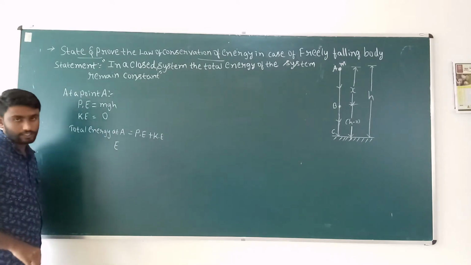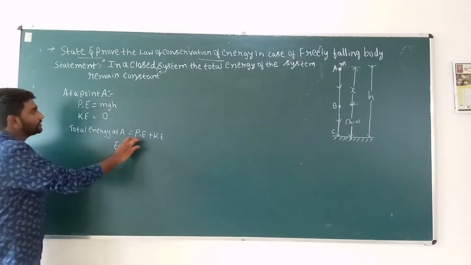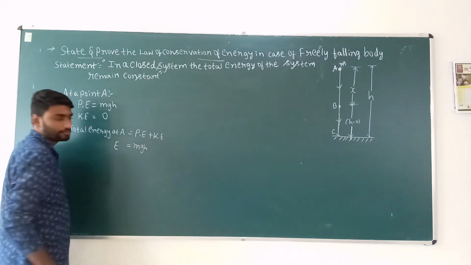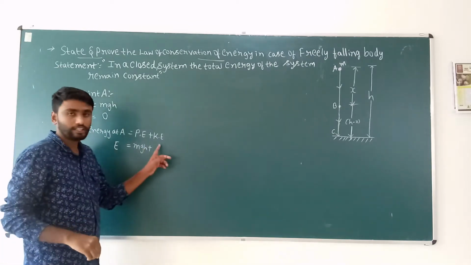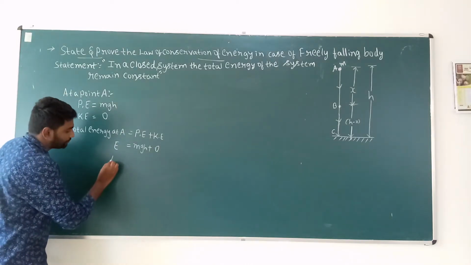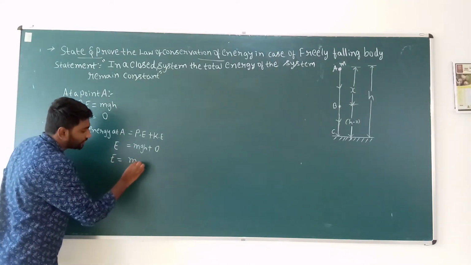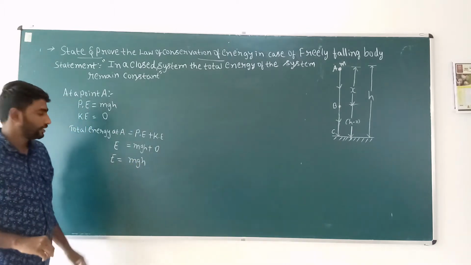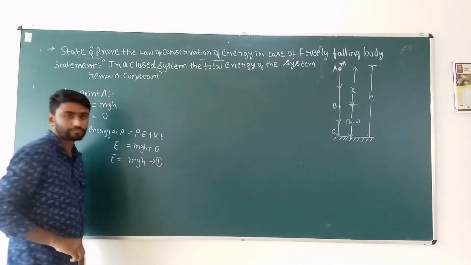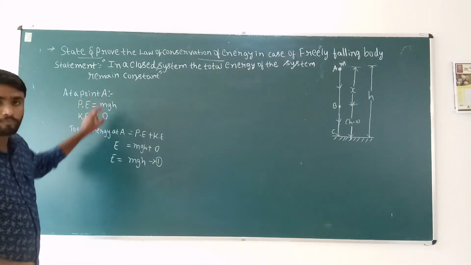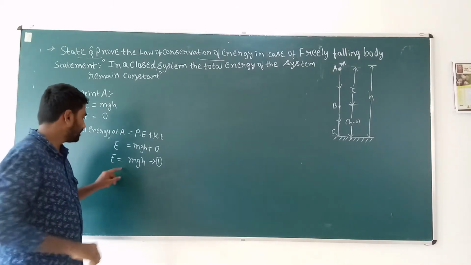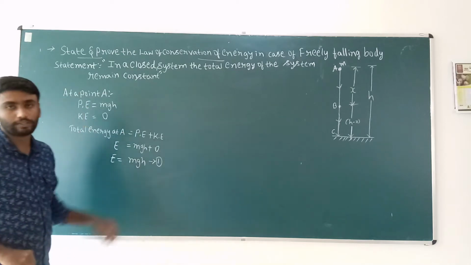So the total energy E equals the potential energy mgh plus the kinetic energy 0. So E equals mgh. Consider this as equation 1: at point A, the total energy is mgh.